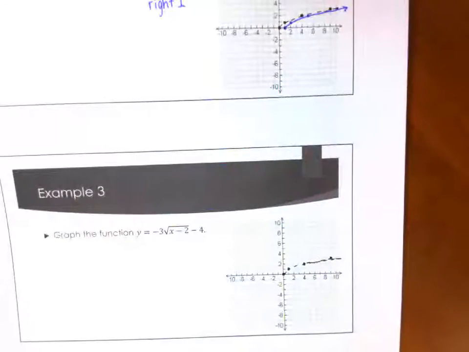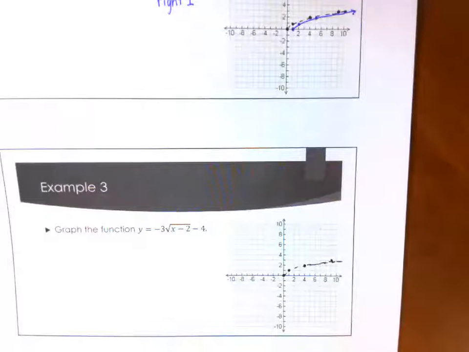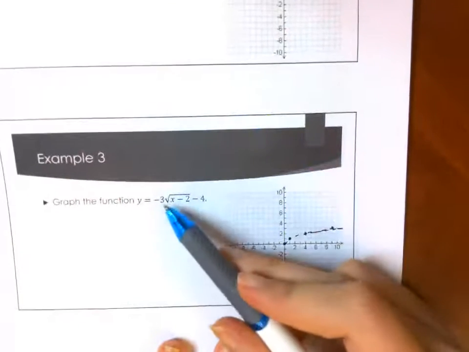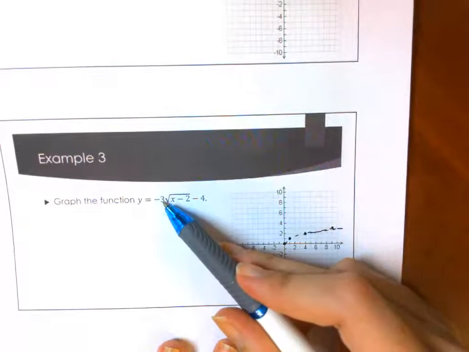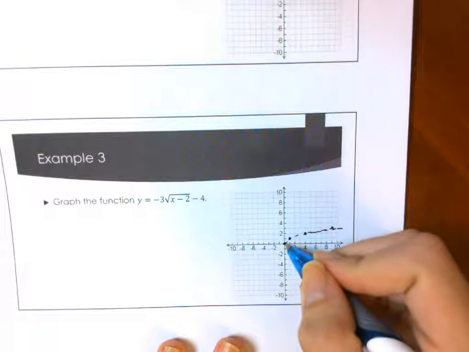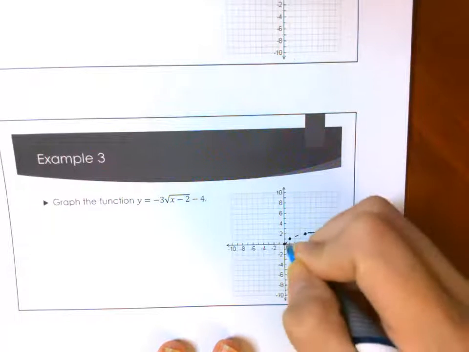Okay. And now, because there's that -3 there, before I do any translation, what I'm going to do is take each of my y coordinates and multiply them by -3. This means stretch this by a factor of -3. So if I do 0 times -3, it's just 0.